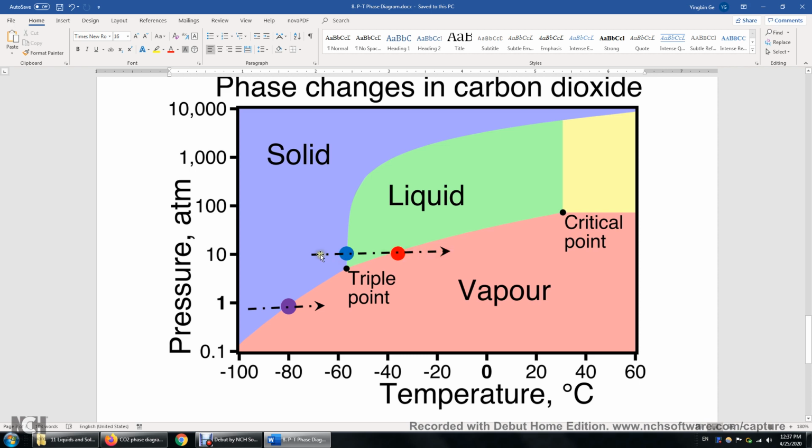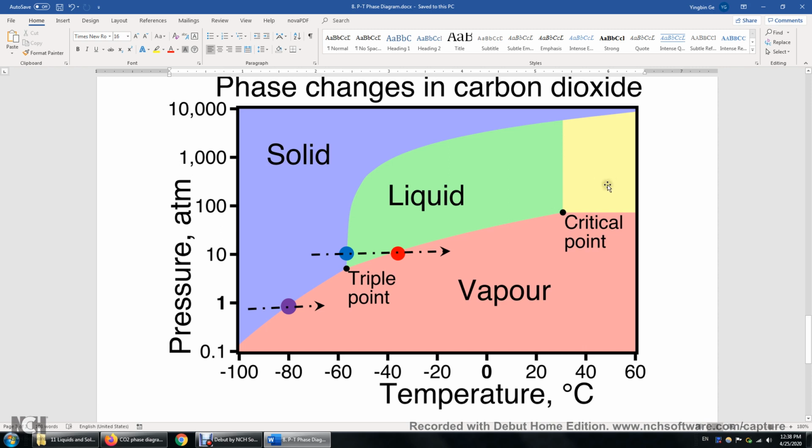That's what this arrow represents. At roughly 31 degrees Celsius and very high pressure, about 70 atm, above this temperature and pressure, we observe the supercritical fluid of CO2 in this yellow region.